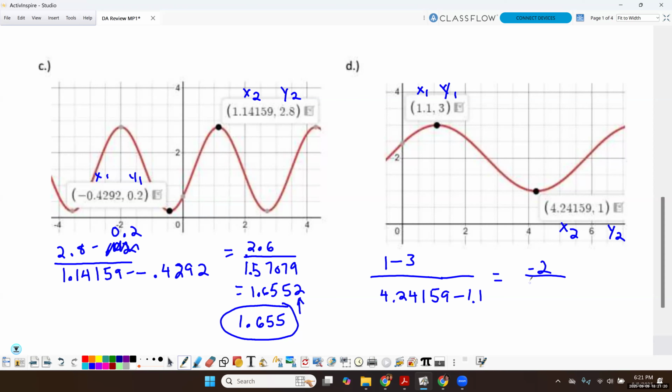And this is 3.14159. When I divide that, again, when I go to round it, I see a 6 here. That tells me to round it up. So I've got -0.637.